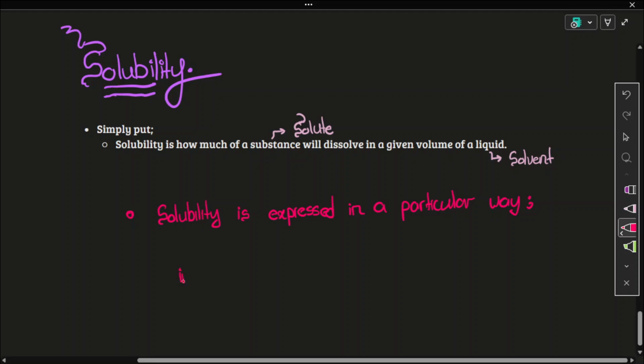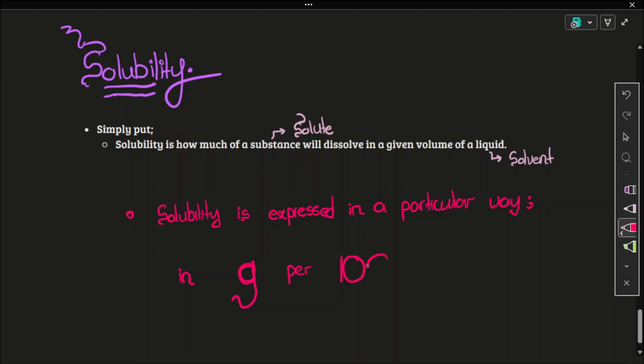So, solubility is expressed in grams per 100 grams of solvent. Okay, don't panic, I'll explain.